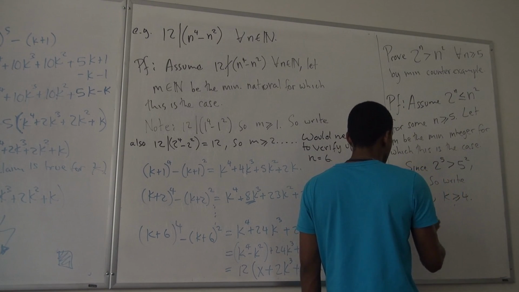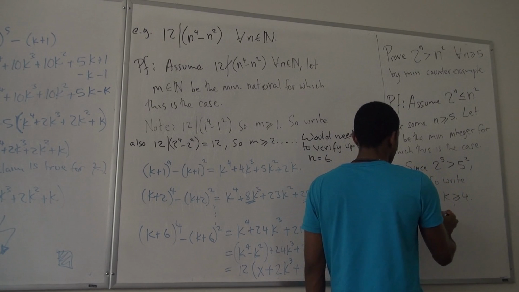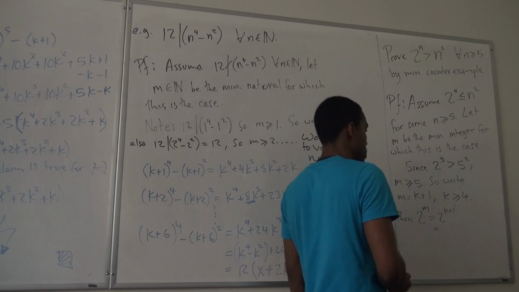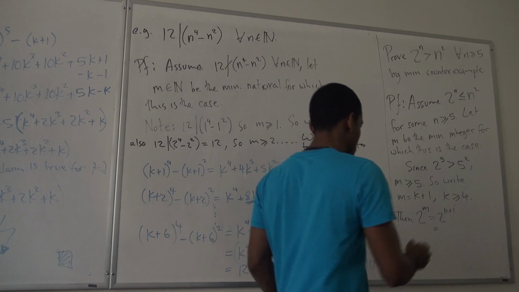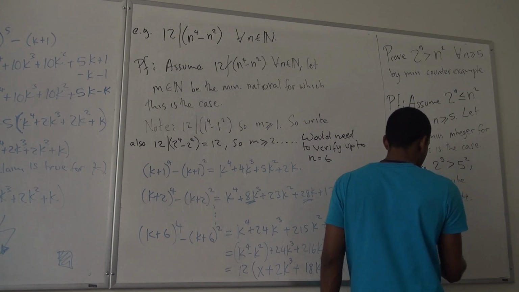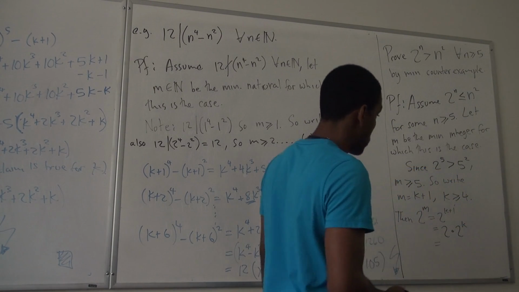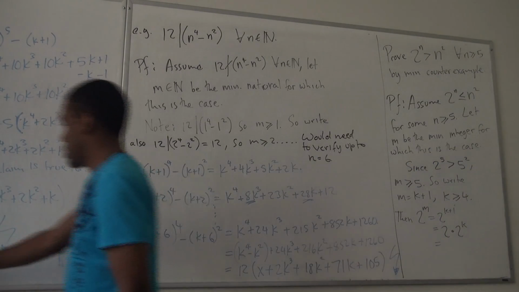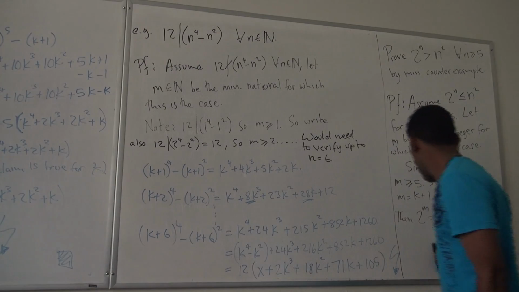And then, if I look at 2 to the n, I just get 2 to the k plus 1, which is 2 times 2 to the k. At this point it's going to look very similar to the last proof.